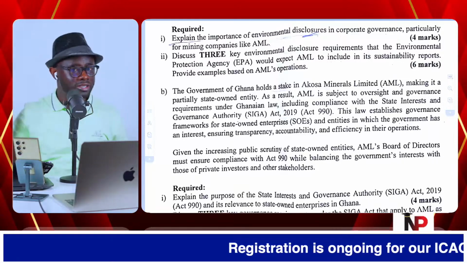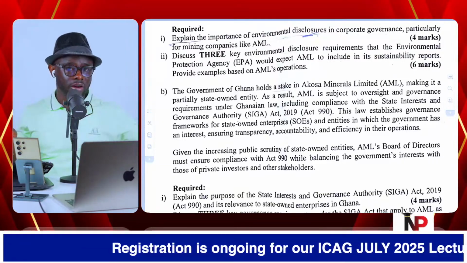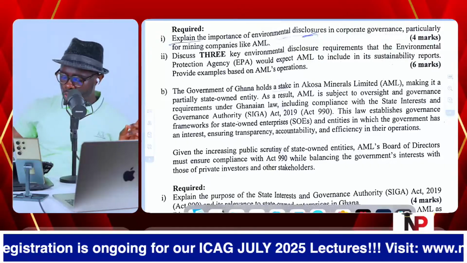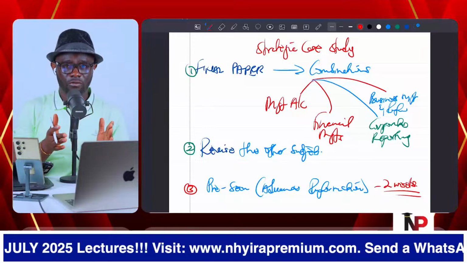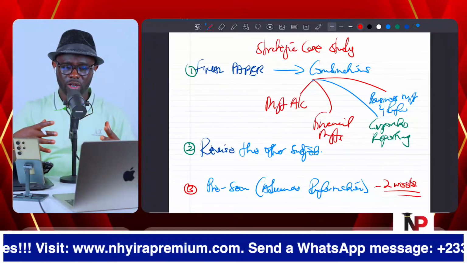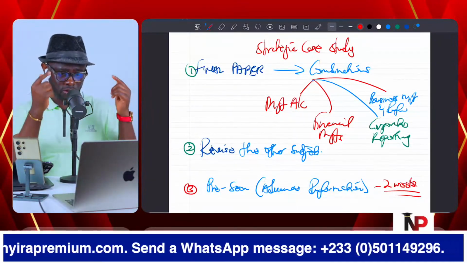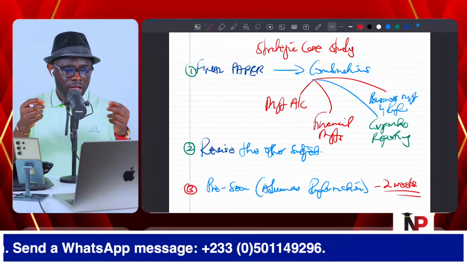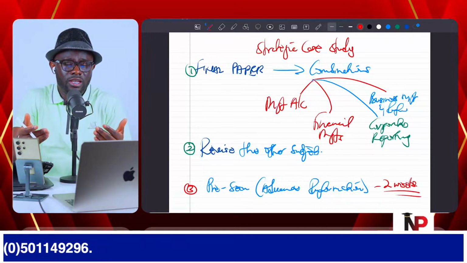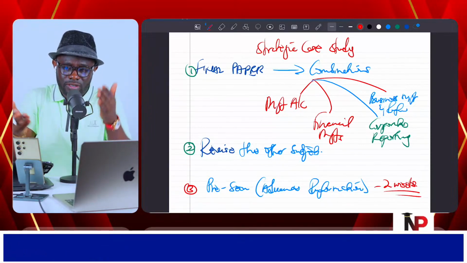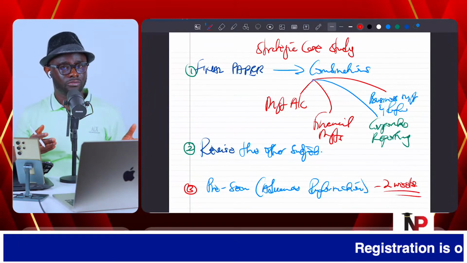Not your analysis of the pre-scene, various areas of the syllabus. So what I want you to really take away about case study is that it is the final paper. It is a combination of subjects. You need to revise those other subjects pretty well, and you need to make sure that you know how to use the pre-scene and what to expect in the exam hall.